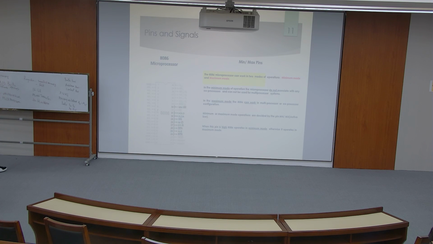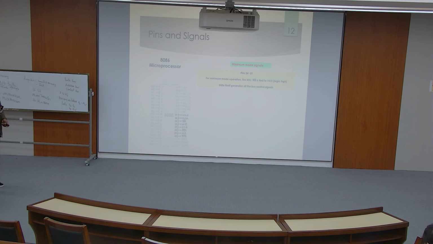Now, we're going to look at when our 8086 microprocessor is set to work in minimum mode or maximum mode. When this pin is high, our 8086 microprocessor works in minimum mode. And it operates in the maximum mode otherwise, when it is low.